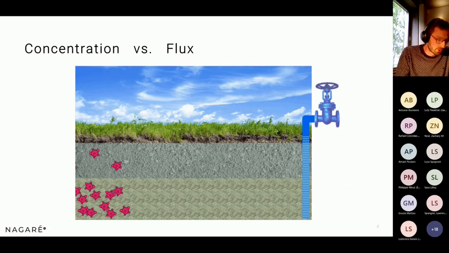So to know if there is a lot or not much. Then these concentration results are compared to standard or threshold or quality concentration values that come from the legislation or from guidelines or whatever. And they are used, of course, as decision criteria.